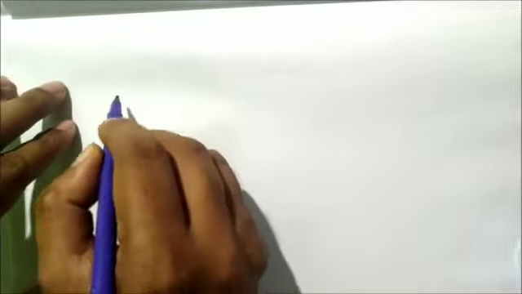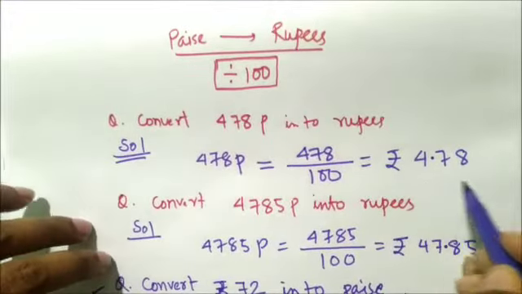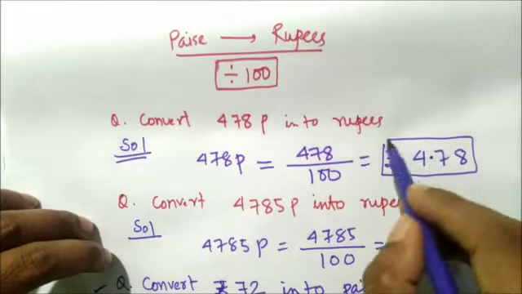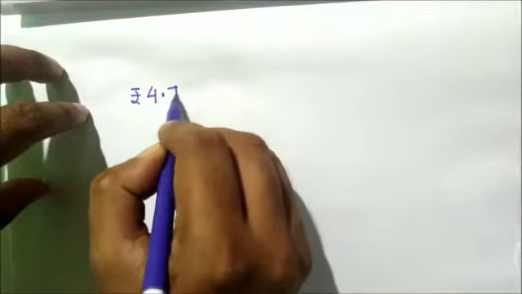Now I will show you one more important thing. Recently we got this type of number. Let me bring it from here, you see this one, rupees 4.78.